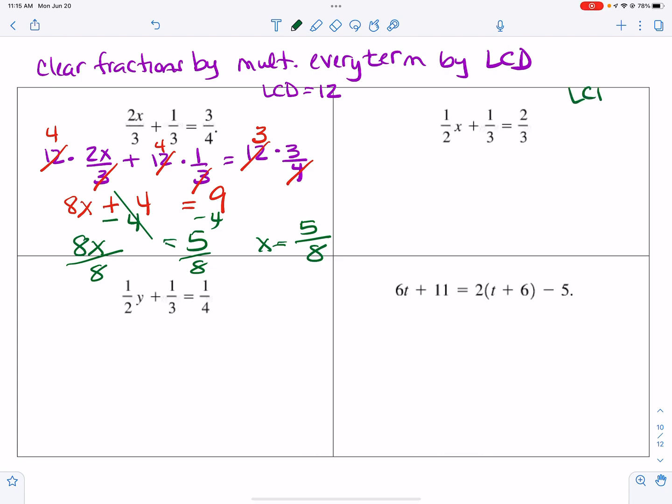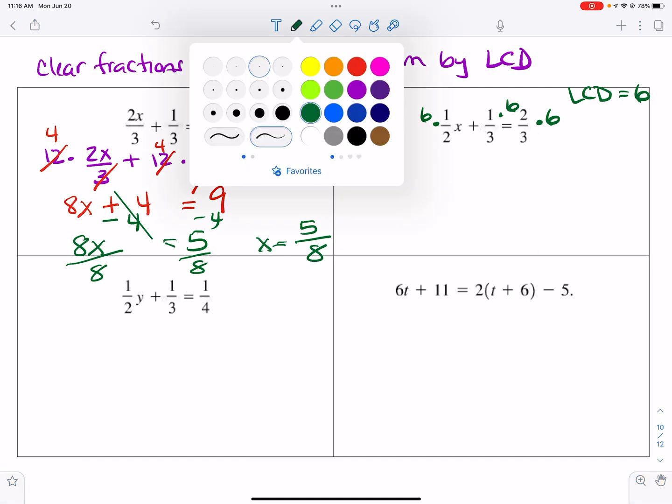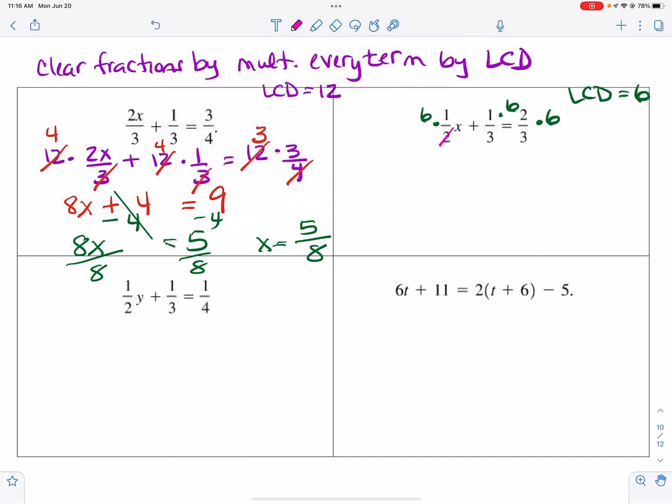On this next one, my LCD is going to be 6, so I'm going to multiply every term by 6, and you can do it that way if it's easier for you to stay organized. 2 goes into 6 and leaves 3. 3 times 1 times x is 3x. 3 goes into 6 and leaves 2, and 1 times 2 is 2.